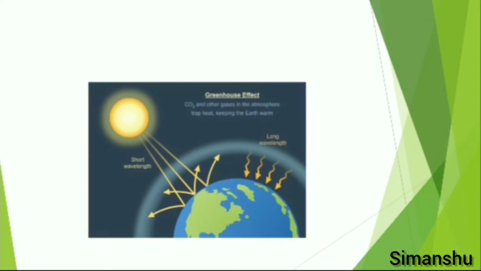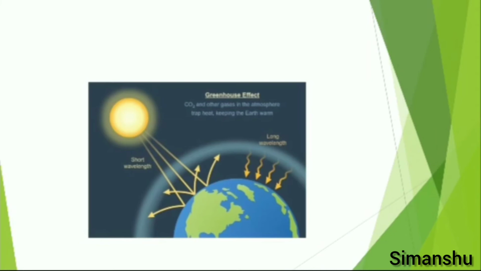In the given picture you can see the sun, light rays and infrared radiation. As you know, the sun emits many kinds of waves. About it we will study in detail in another chapter. So here these yellow radiations are representing short wavelength infrared radiation.